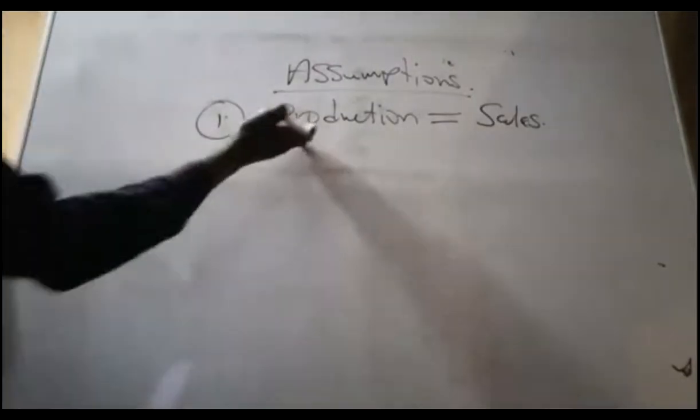So let's take note. The first assumption is that production must be equal to sales. So it assumes that production is equal to sales. In simple terms, no closing inventory. You keep no closing inventory. That is all.